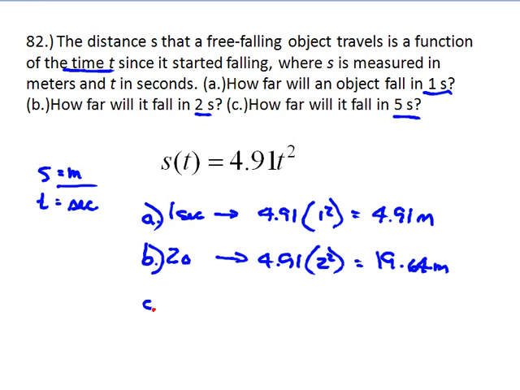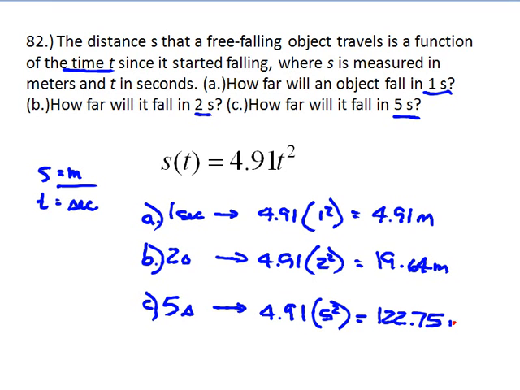And now we can do it for any time, right? Because we know that this is saying the function of time equals 4.91 t squared. So it gives us our last one at 5 seconds. 4.91 times 5 squared equals about 122.75 meters.